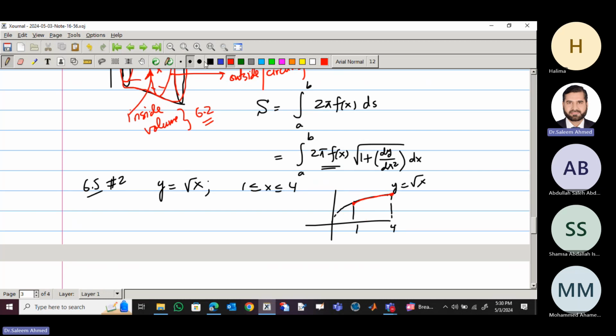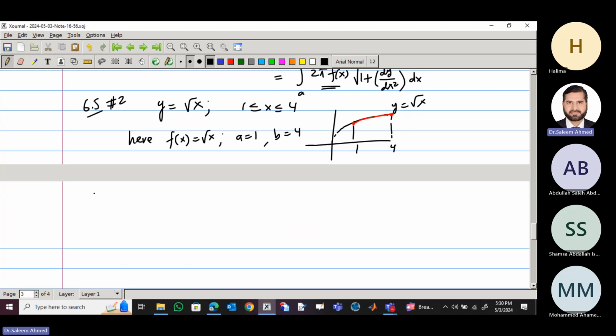So my f(x) here is square root of x, the given function. A is the lower limit, b is the upper limit. So I can just put it in the formula. Therefore, the surface area is the integral from 1 to 4 of 2 pi f(x) into the square root of 1 plus (dy/dx) squared, where dy/dx is 1 over 2 square root of x.